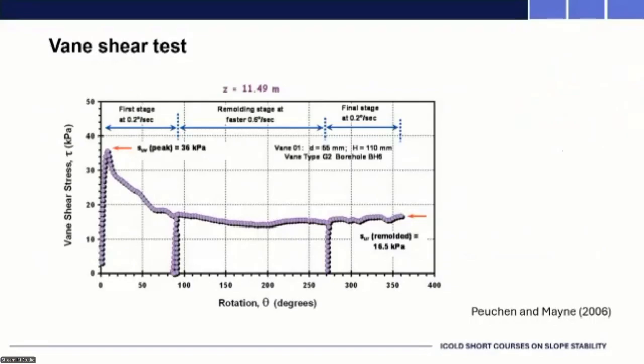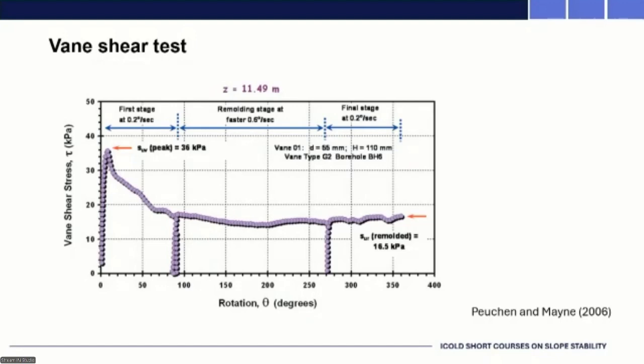Now, the other thing I find perhaps something we should be moving away from is this practice of remolding the soil in the vane test. So here we've got the measured torque converted to a shear stress, against degrees of rotation. You often get the peak at a fairly small rotation.